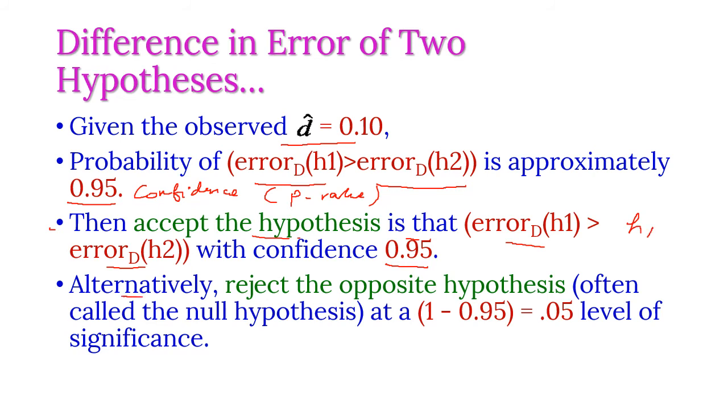Alternatively, reject the opposite hypothesis. Which is the opposite hypothesis? H naught, often called the null hypothesis, at 1 minus 0.95, which is equal to 0.05 level of significance.